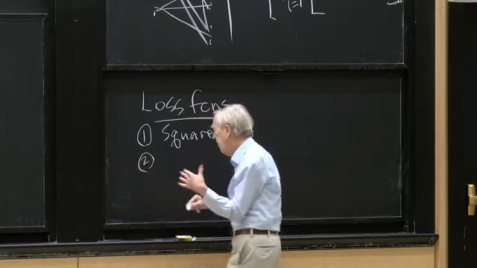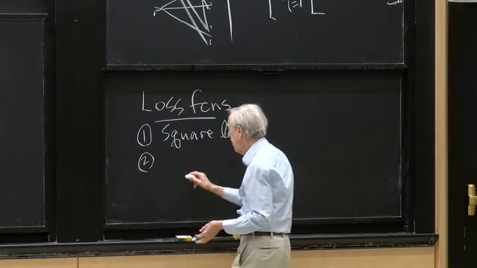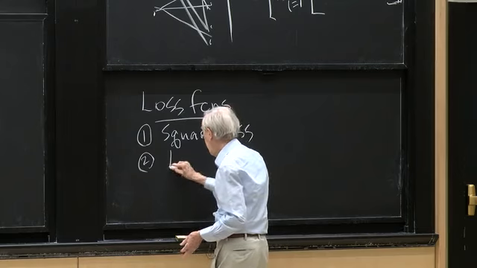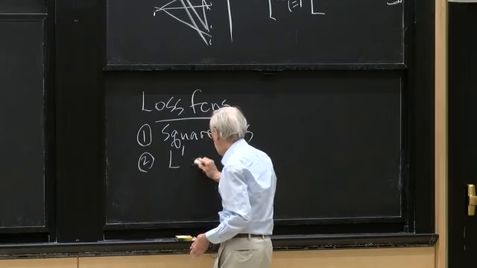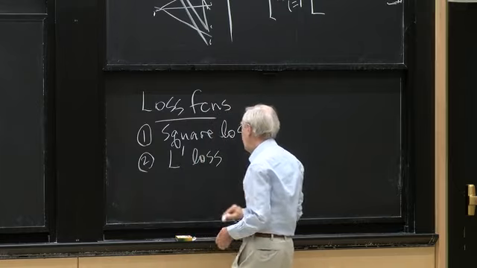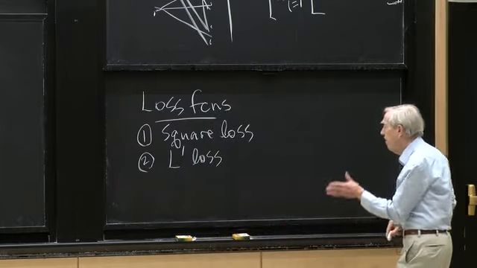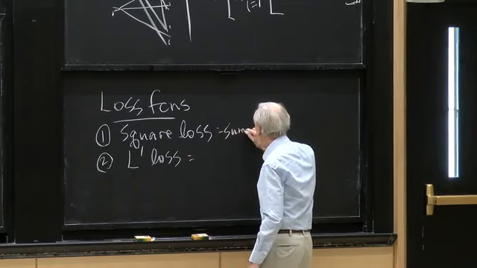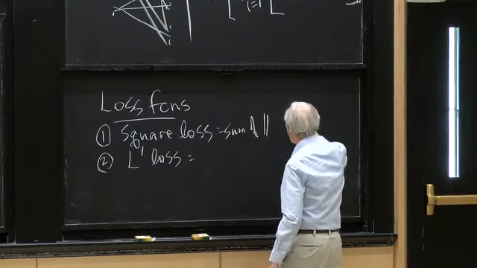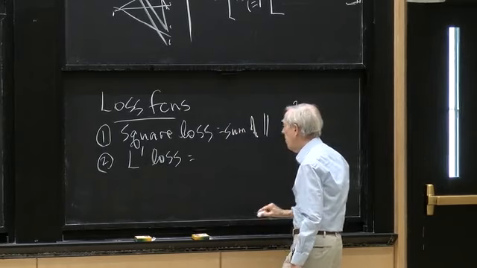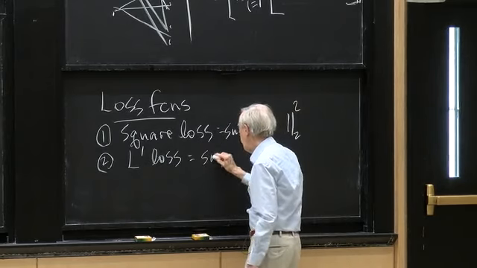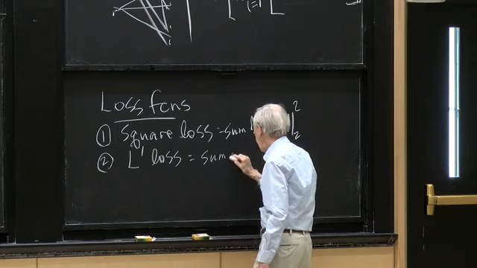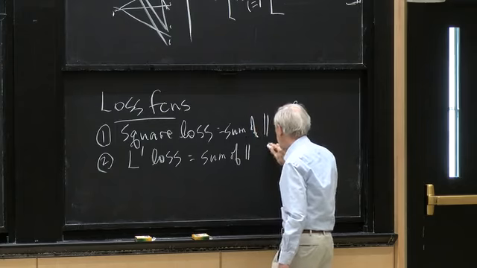Number 2, which I've never seen used quite this directly, would be the L1 loss, the sum over i of the L1 losses.